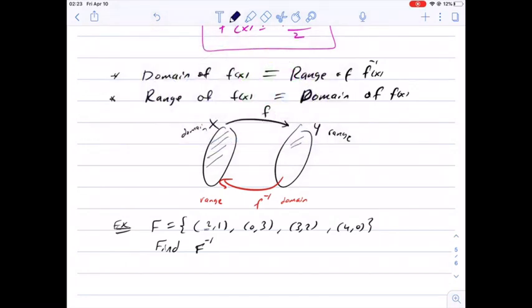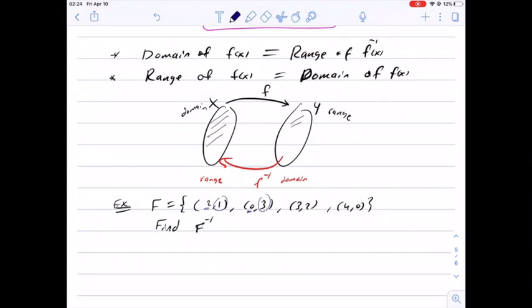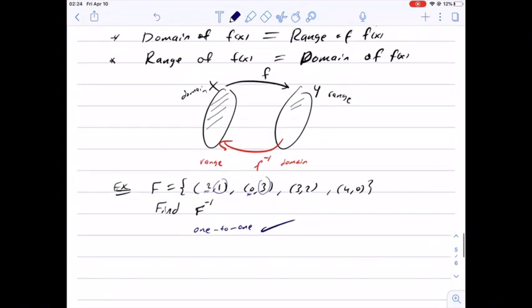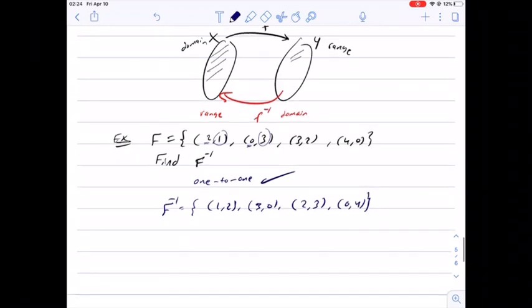First, this is 1-to-1 because as you can see, any two different inputs give different outputs. So this is 1-to-1. And then we find the inverse. The inverse can be obtained by just reversing the order. (2, 1) becomes (1, 2). (0, 3) becomes (3, 0). (3, 2) becomes (2, 3). And (4, 0) becomes (0, 4).